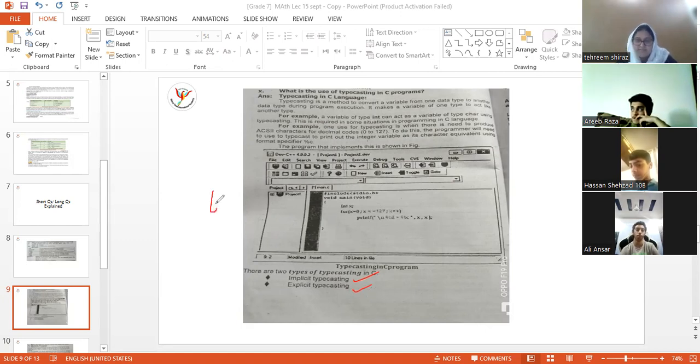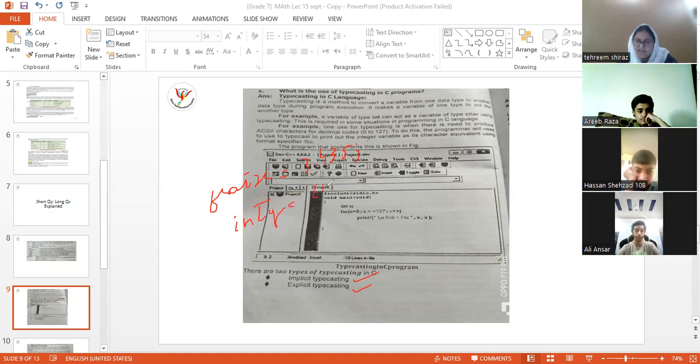For example, float x = 3.435; right? Now, what will the programmer do? This is explicit typecasting, where the programmer gives the syntax.